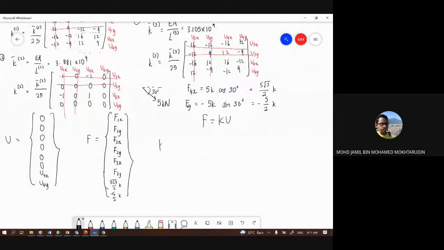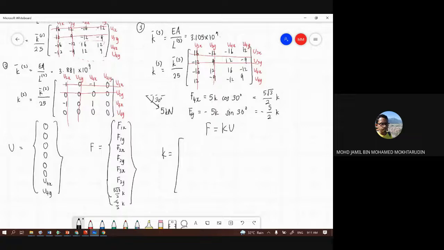So k is (16 k bar 1 over 25) plus (1 times k bar 2 over 25) plus (16 k bar 3 over 25). Okay, so please add one by one carefully.